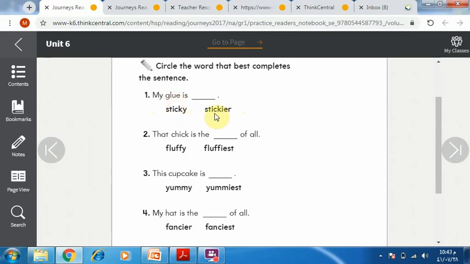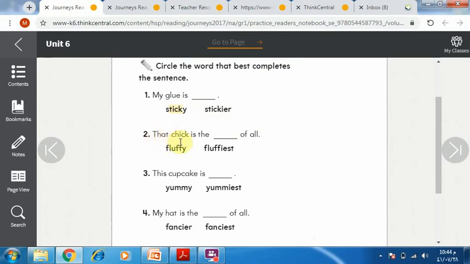So, you're gonna use the one with ER? You think it's a good idea? No, very good. Only when I'm comparing two things I choose the one with ER. So the correct answer here is sticky. My glue is sticky. So circle this one, please. Sticky.